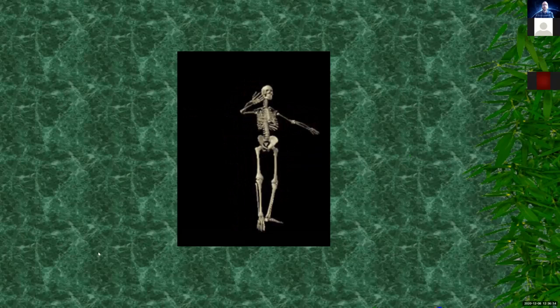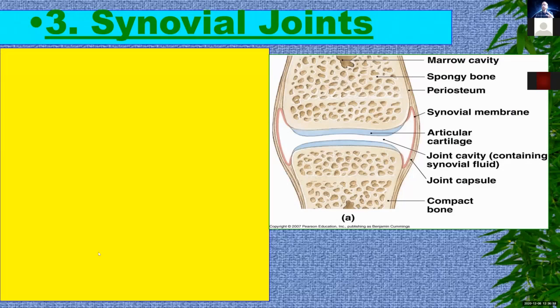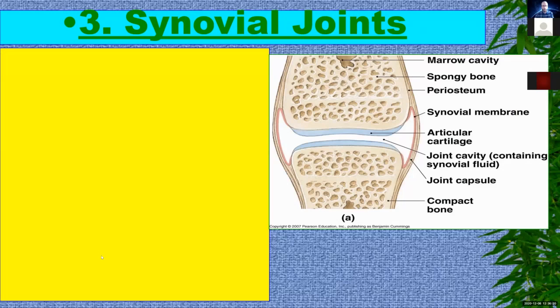And so this brought about the need for a third type of joint, which we call the synovial joint. Now, the synovial joint is a freely movable joint. Think of your forearm and you connected to the humerus here.